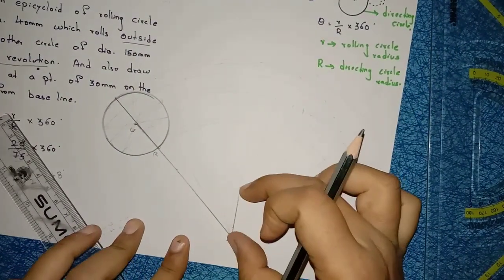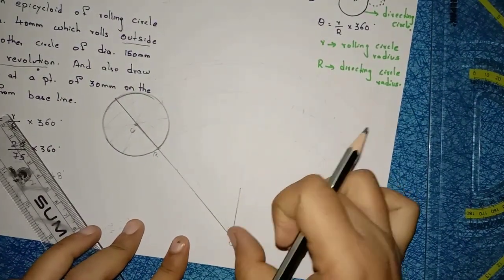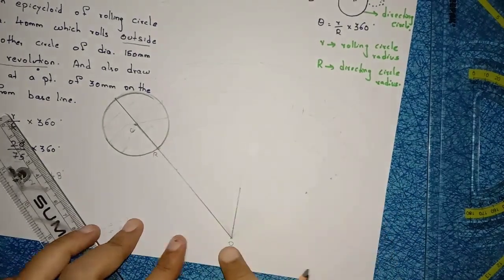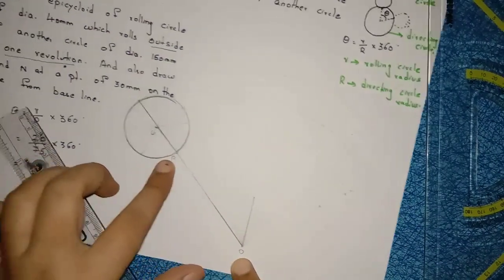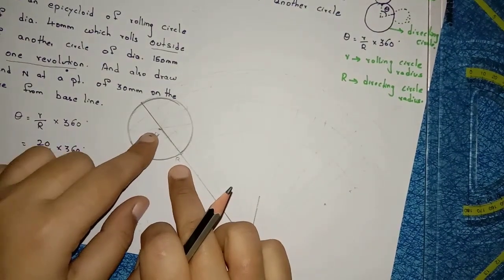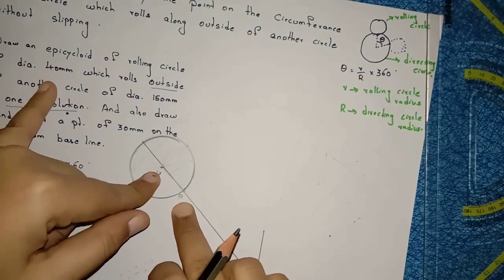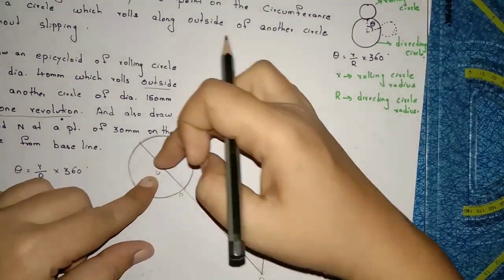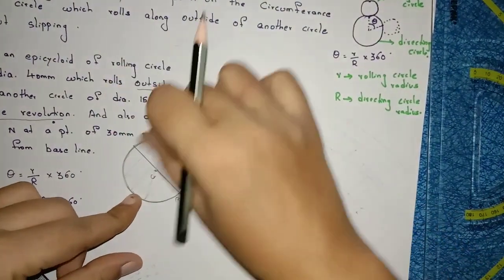First I draw this line, I am marking 48 degrees. O to P is the radius of the generating circle, 75. Now P to C, I am taking 20 mm. Right, with C as center, CP as radius, I am drawing the circle.